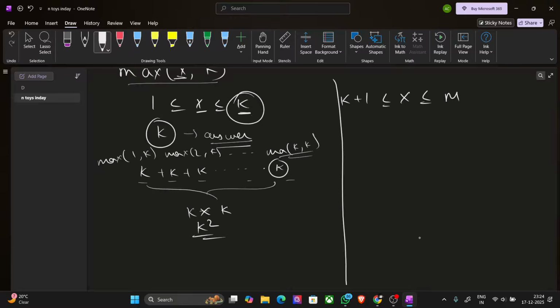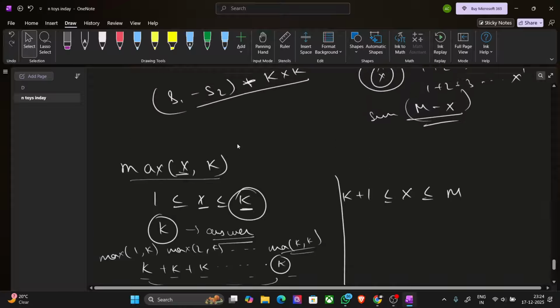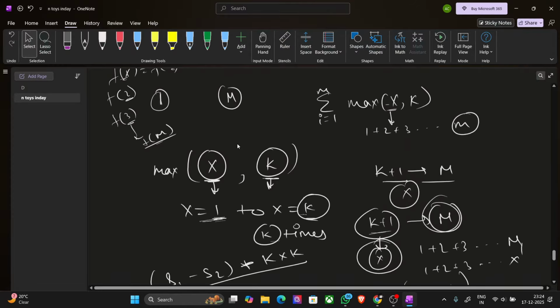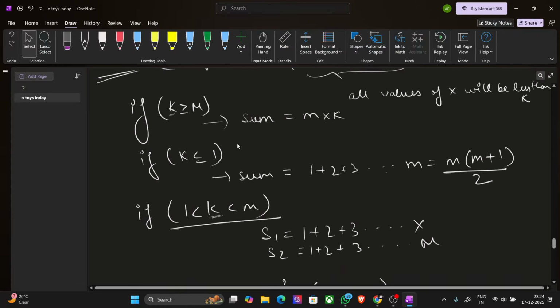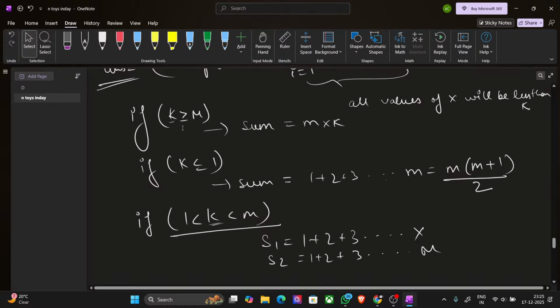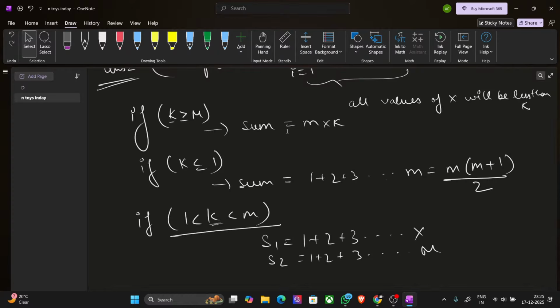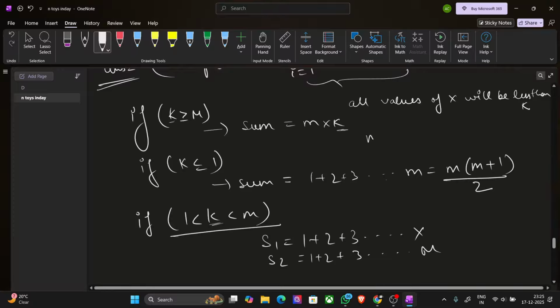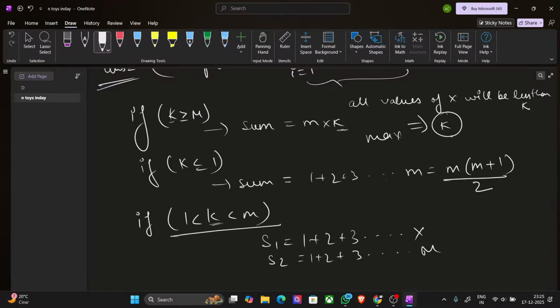Okay, got it. Why do we need the other two cases? The other two cases are just for the conditions, right? If k is greater than m, then every time k will occur and x cannot, because x can go up to m, and when k is greater than m, the max will give k as output every time.